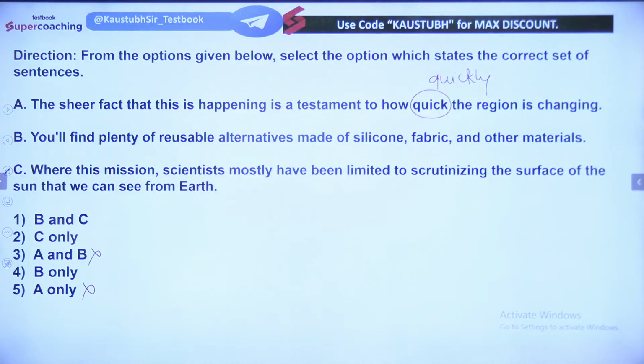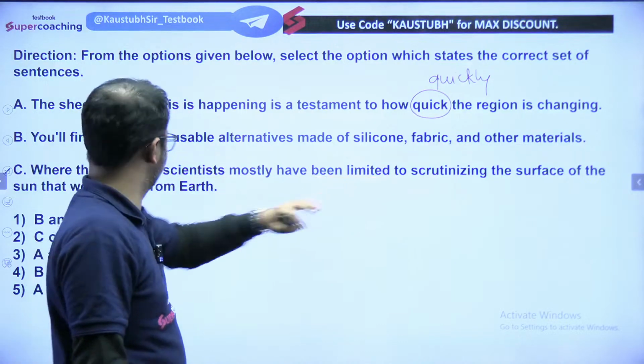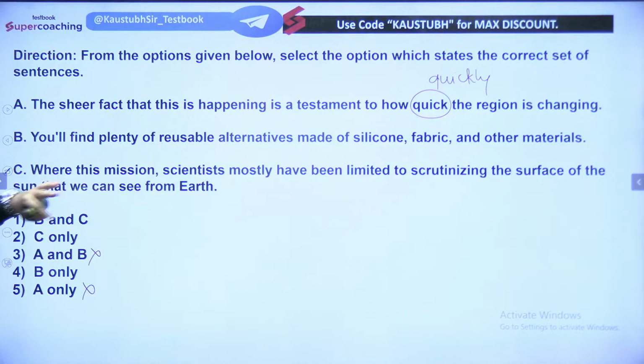Next. B and C both के साथ जा रहे हैं रूपक. Aditya also goes with both B and C. Are you sure about C? I'm not so sure about C. Where this mission, scientists mostly have been limited to scrutinizing the surface of the sun that we can see from the earth.